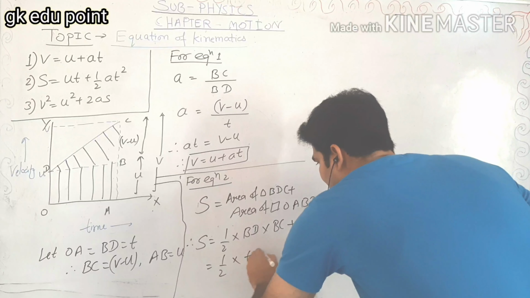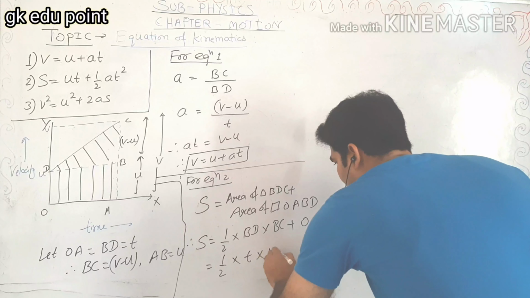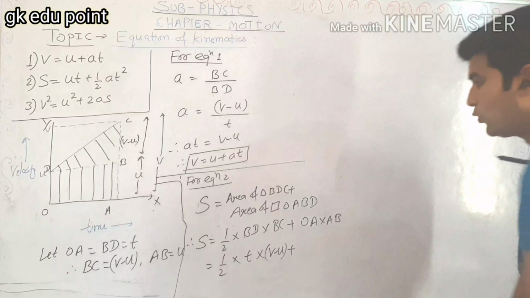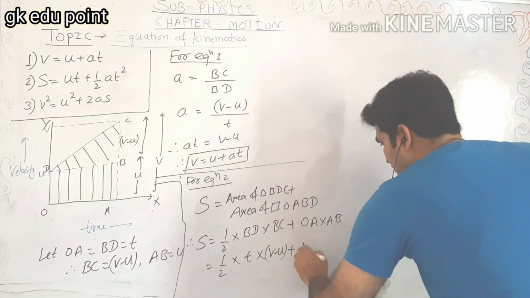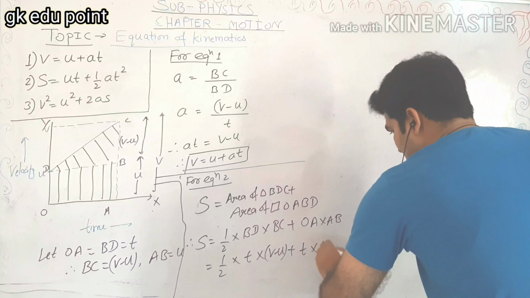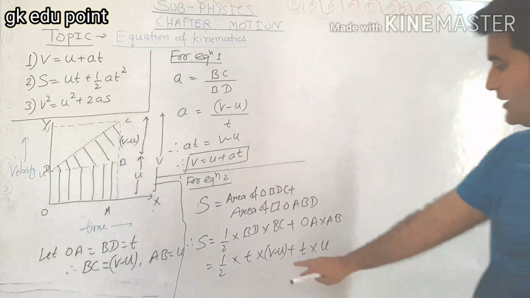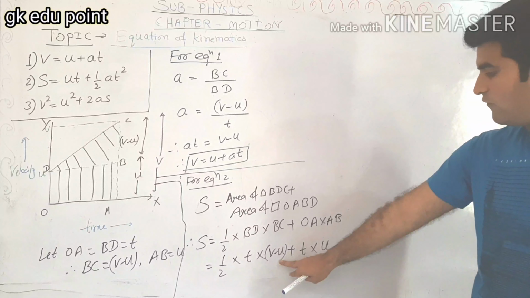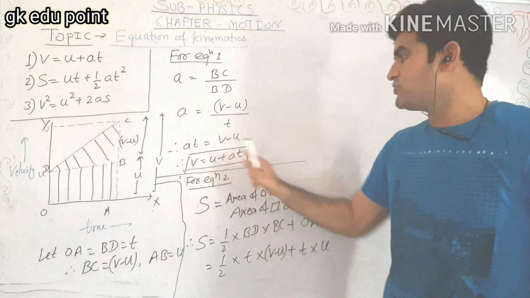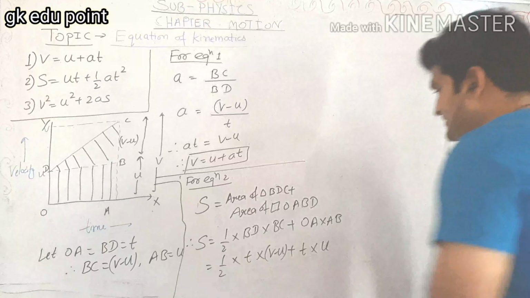BD here is t, and BC here is v minus u, plus OA is t and AB represents u. Now we can also put the value of v minus u from equation number 1. From equation number 1, v minus u equals at.